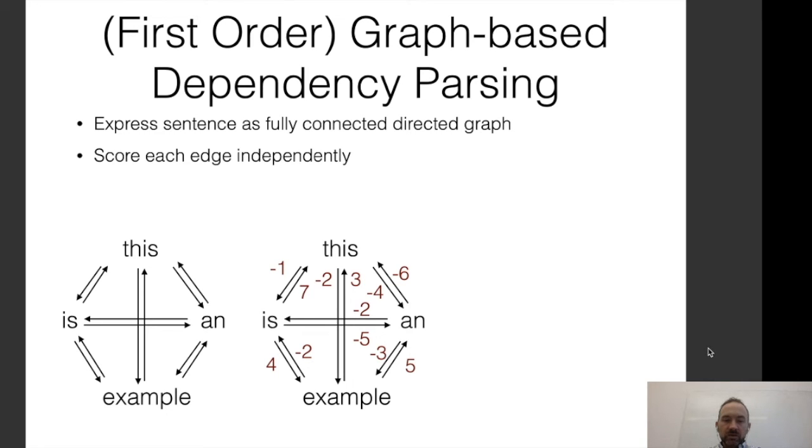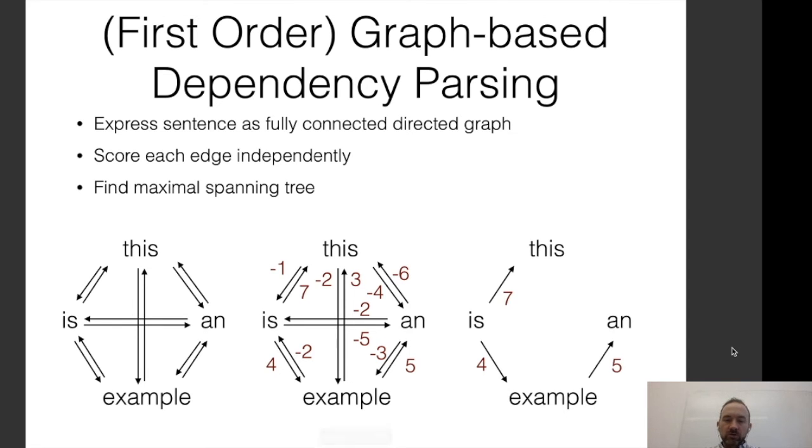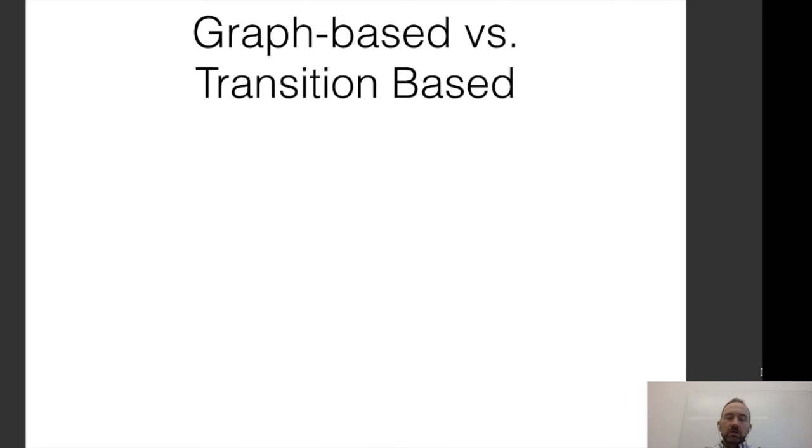So a very likely edge, like going from is as the head to this as the child, would have a very high score, and a very unlikely edge would have a very low score. And then we find the maximal spanning tree, which is basically the tree with the highest scores. So in this case, it would be is being the root, and then this, in example, being the children. So this is an alternative way of performing parsing.